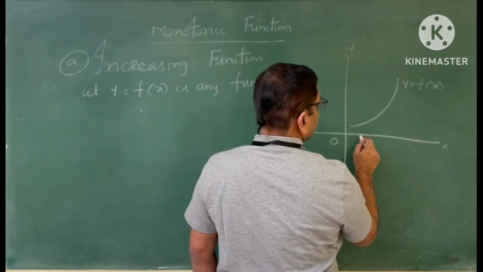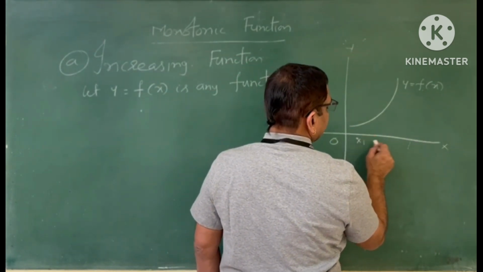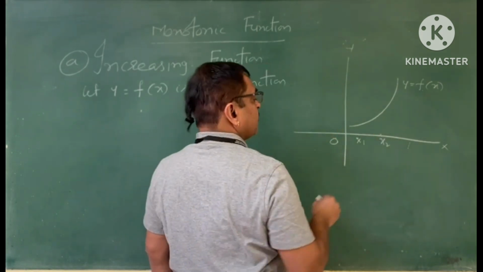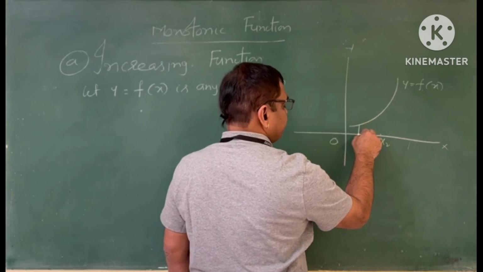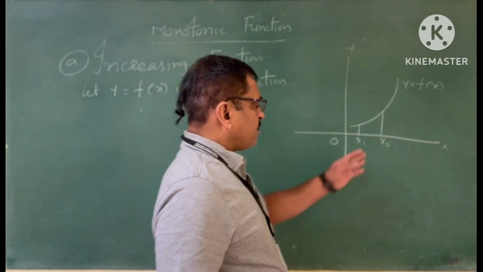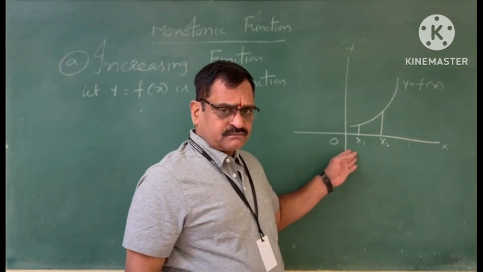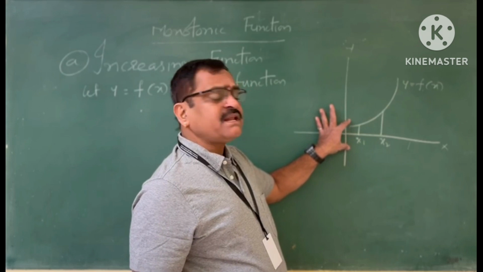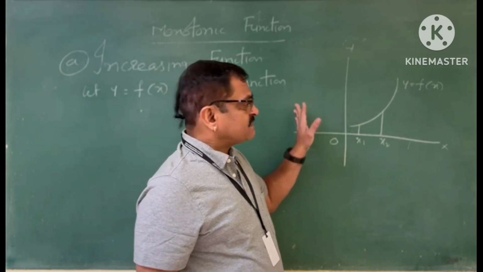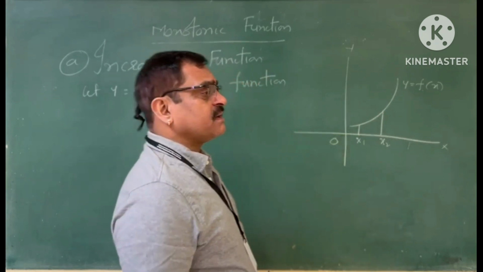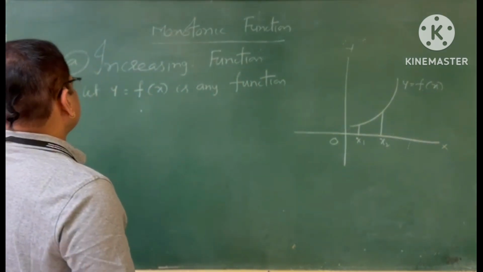I'll take two points x1 and x2 here, and these are f of x1 and f of x2. If you observe carefully, my x2 is more than x1. Correspondingly, my f of x2 is also more than f of x1. Then such types of functions are called increasing functions or strictly increasing functions.